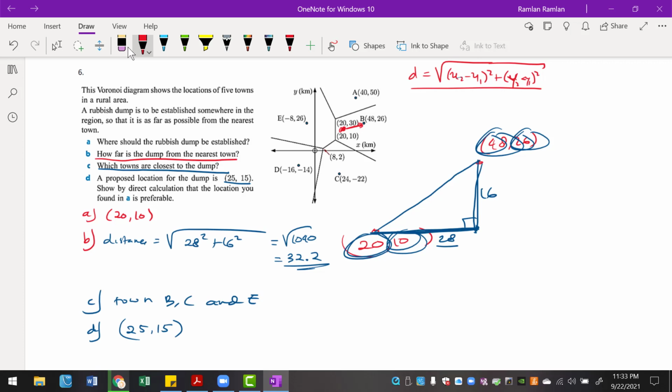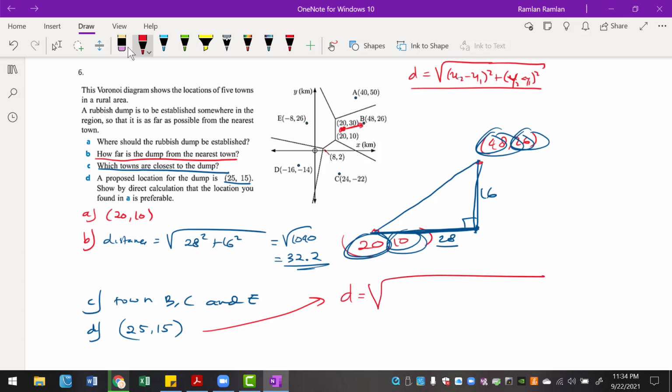Okay, now because we need to calculate whether this proposed dump is suitable or not, we need to find the distance, of course. So the distance from that dump to the closest town, which is B, right? So you do the same thing.